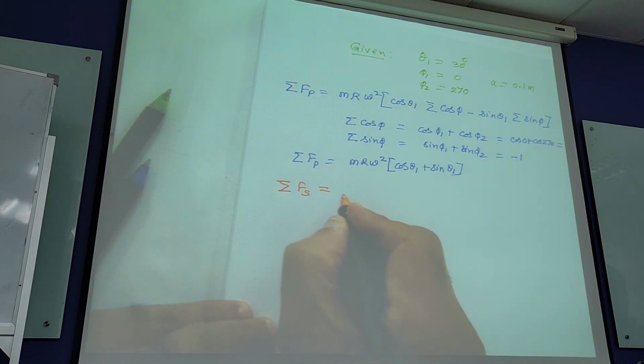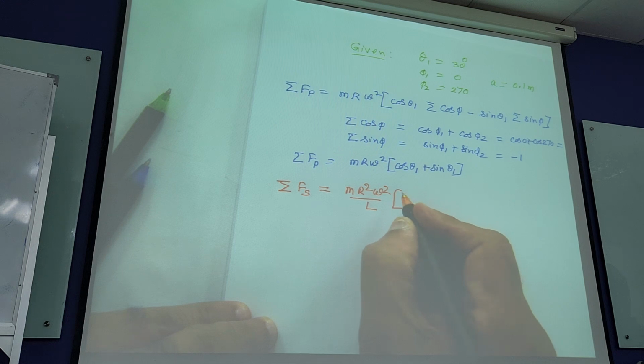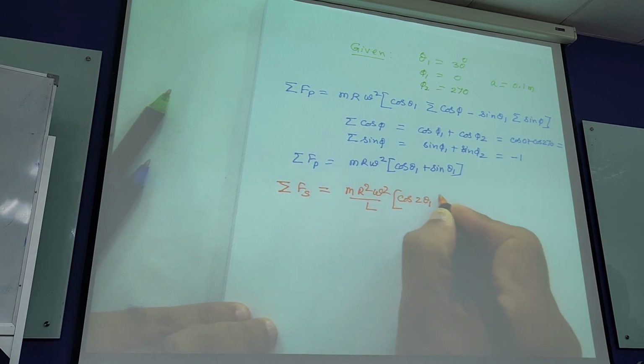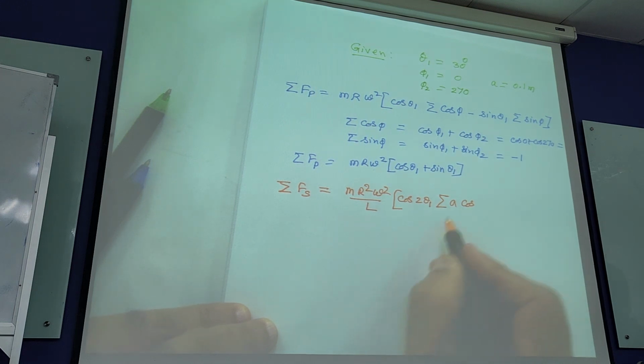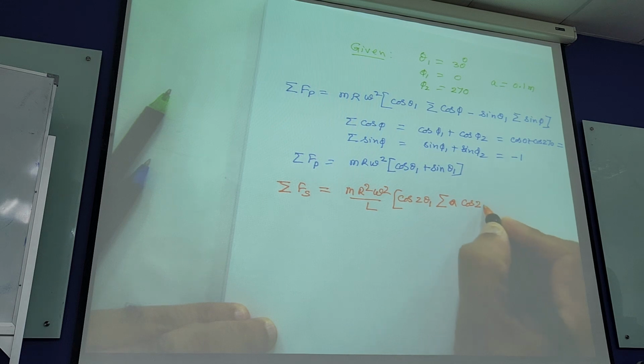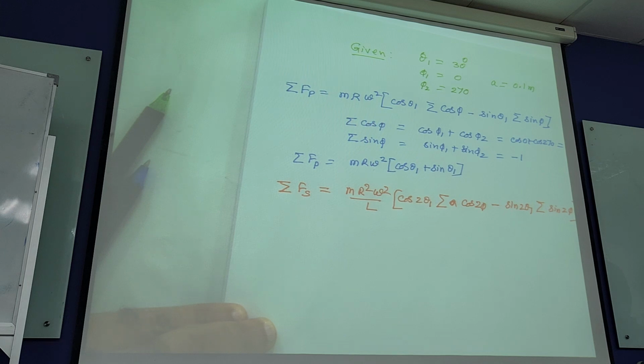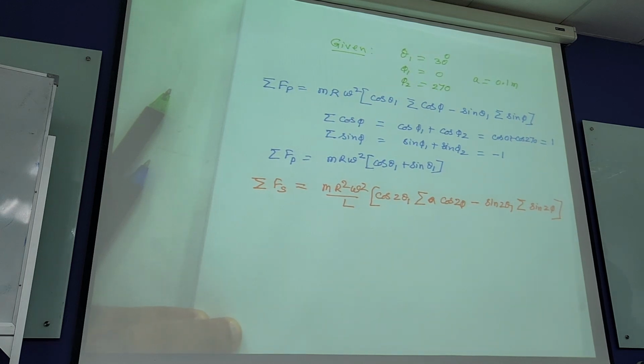Here we can write this as m r square omega square over L, cosine 2 theta 1 into the sum of cos 2 phi, minus sine 2 theta 1 into the sum of sine 2 phi.